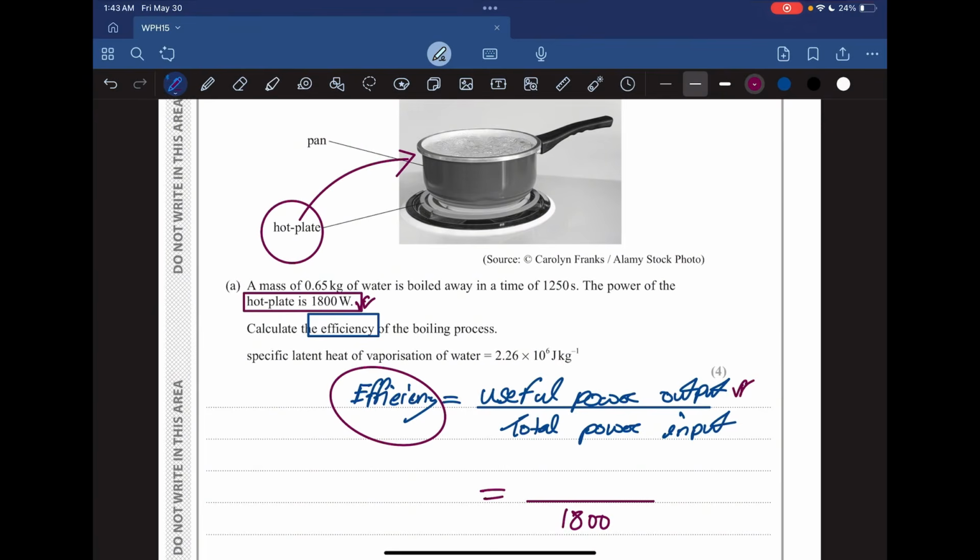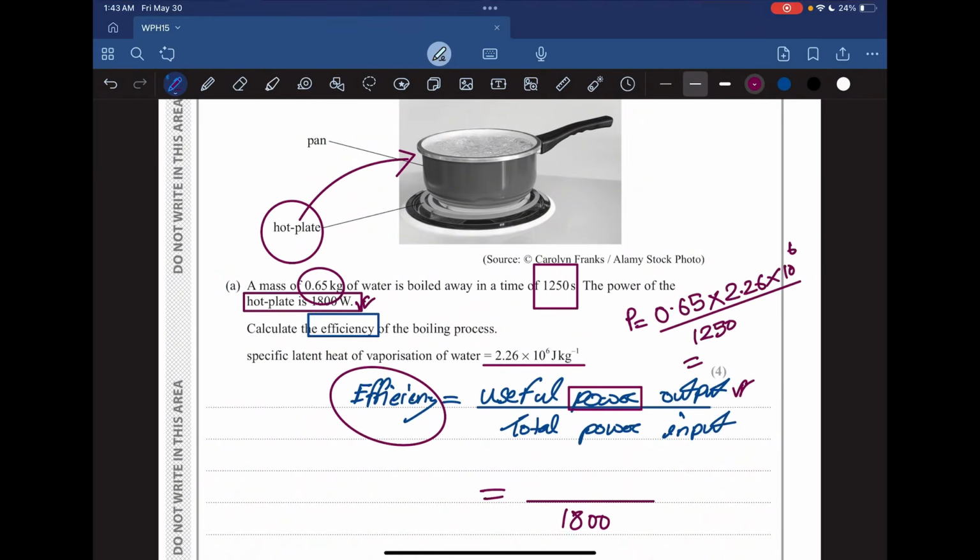Now useful power output needs to be figured out by the formula of power. So we know power is equals to work done divided by time taken. Here, my work done will be the mass of water that is boiled times the latent heat of vaporization. So it will be 0.65 into 2.26 into 10 to the power 6 divided by the time taken, 1250.